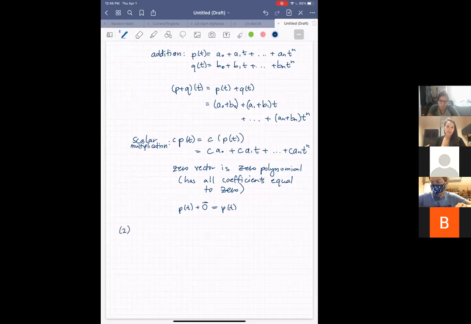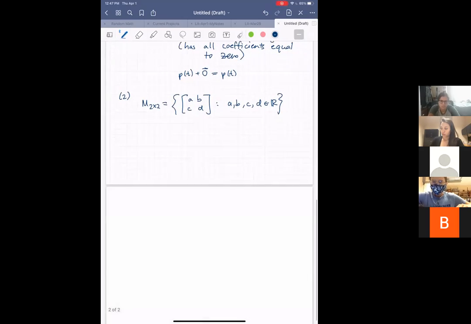Another interesting space is the space of 2 by 2 matrices. Our set of vectors will be all of the matrices, and we'll say they have real values, so a, b, c, and d are in R. Then we can just use the definitions of addition and scalar multiplication that we've already defined.